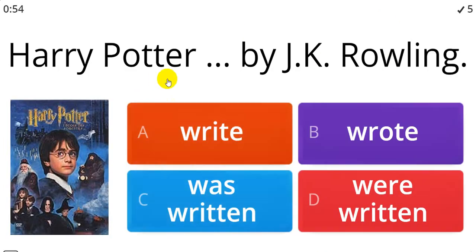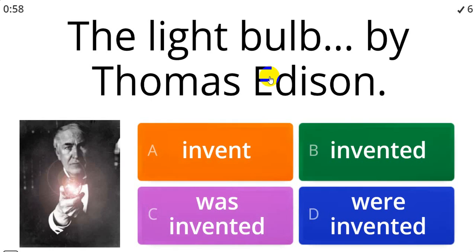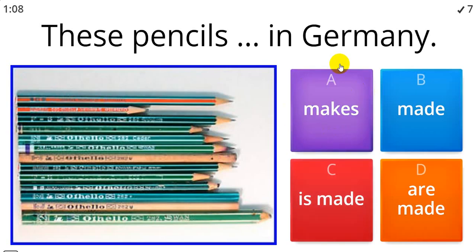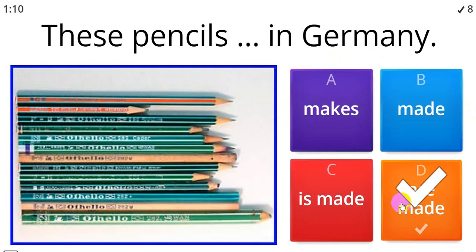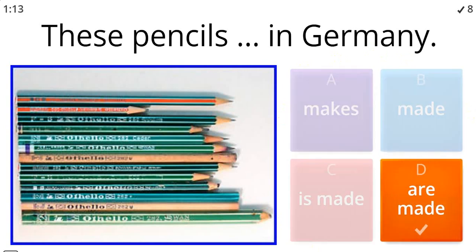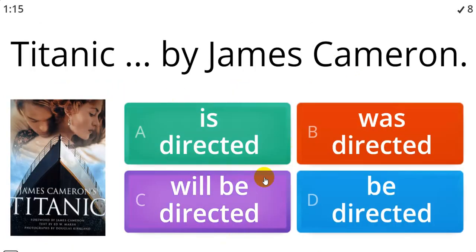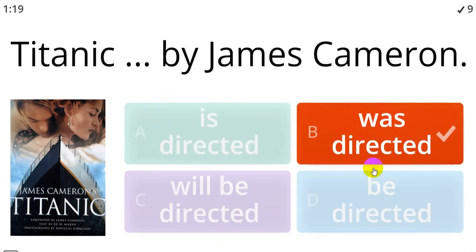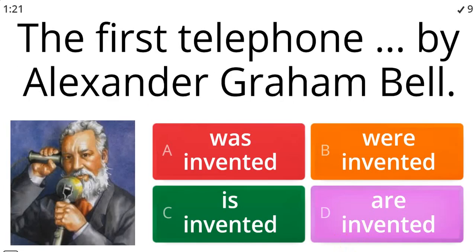Harry Potter was written. Yeah. The light bulb invented by Thomas Edison, in the past simple or present simple? Yeah, in the past simple you have was invented. This vessel in Germany is made. Titanic was directed, the passive voice of the past simple.